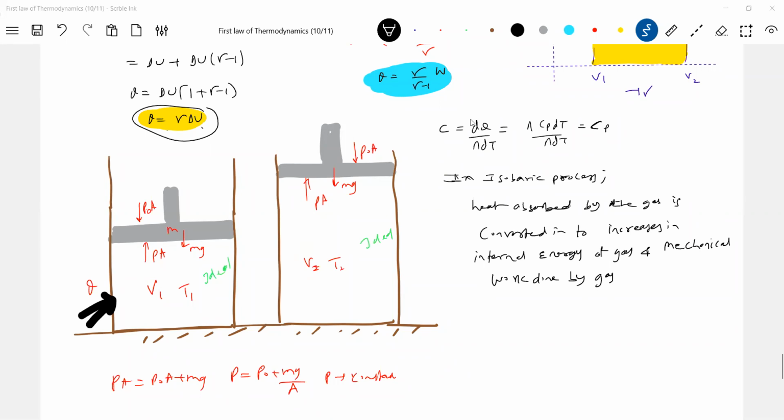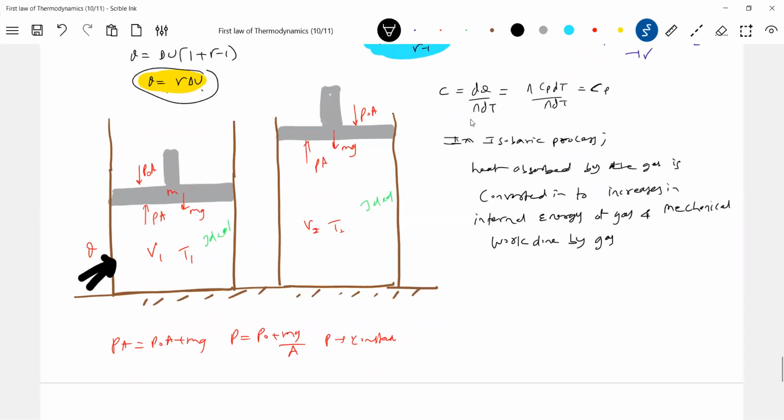I will bring the mathematics for that also. Okay, these are both things. Okay, let's come to the ideal gas equation. PV equal to nRT. So P constant, so V1 by nRT1. So therefore, what is the equation we can write? V1 by T1 equal to V2 by T2.